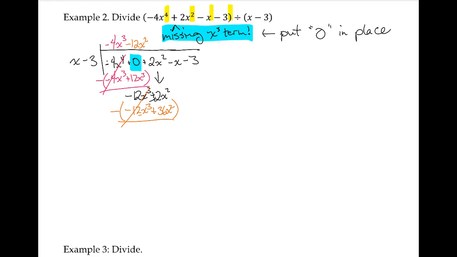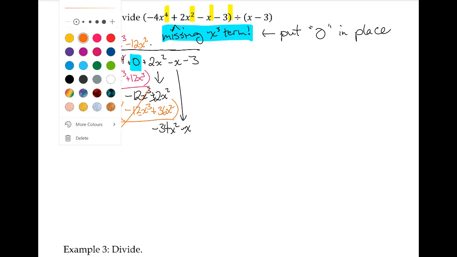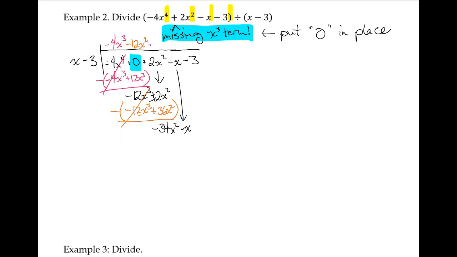I'll write that in black. And I'm going to carry down this other negative x. I look here and I'm like, okay, how do I make this from x? Well, I need a negative 34 and then 1 more x.